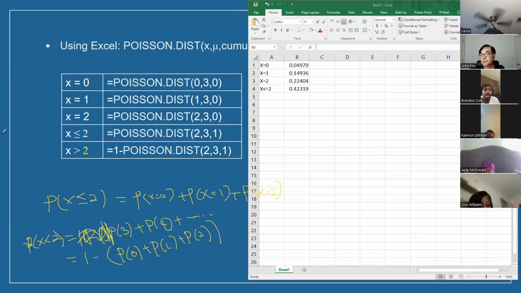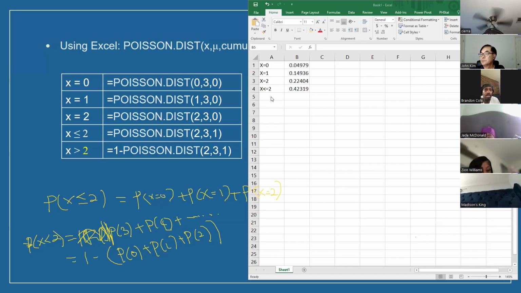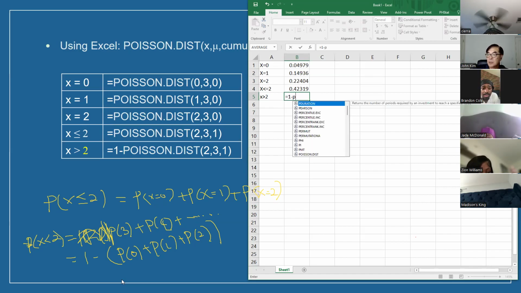So X greater than 2 equals 1 minus up to 2 cumulative. If you already have it, just click this in the cell, but let's do it this way.